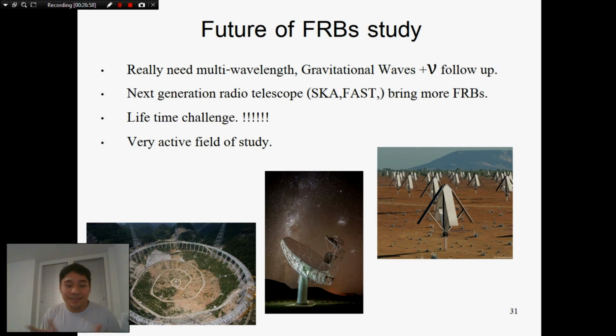So now it brings all kinds of physics together, and with the next generation telescopes like SKA, FAST, and MeerKAT, we will find more and more FRBs because they increase the sensitivity. So it's like a lifetime challenge for me, and this is a very active field of study. How active is this field?